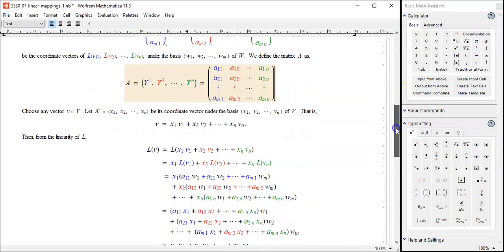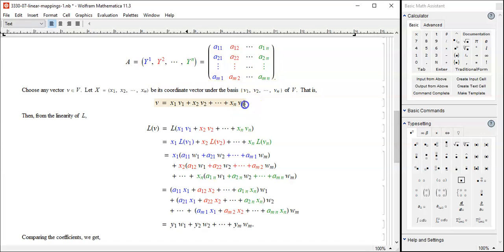And then we do some brute force computation. Get arbitrary v, then that v can be written as x1 v1 plus x2 v2, x3 v3, all the way up to xn vn, because v1 through vn generate the vector space V, and also this coordinate expression x1, x2, x3, all the way to xn, that expression is unique because this is a basis.